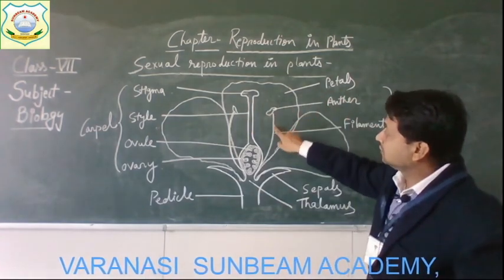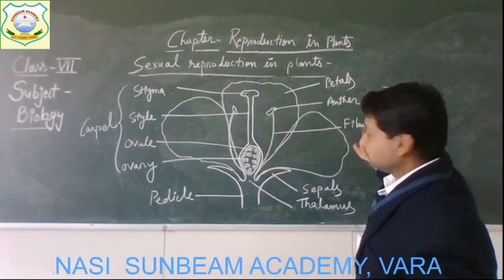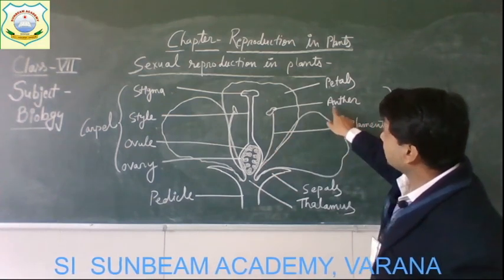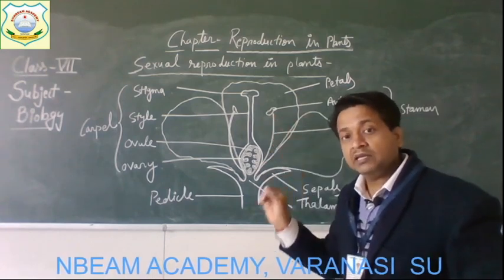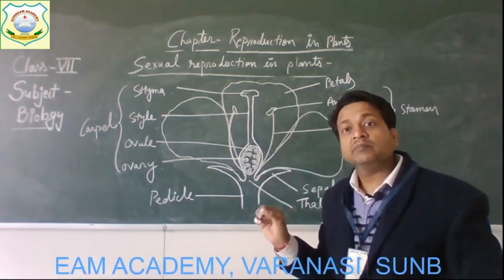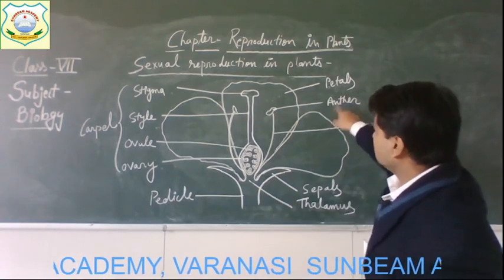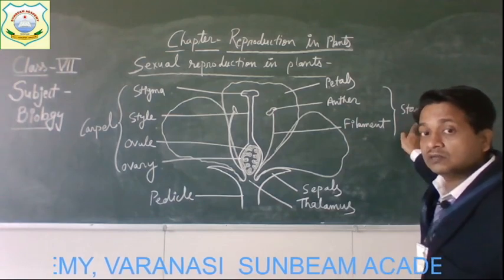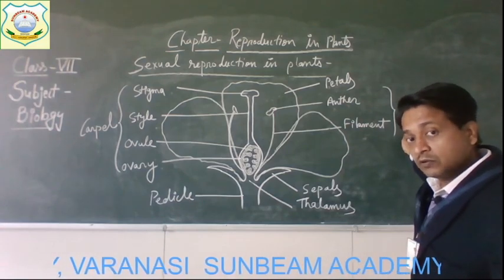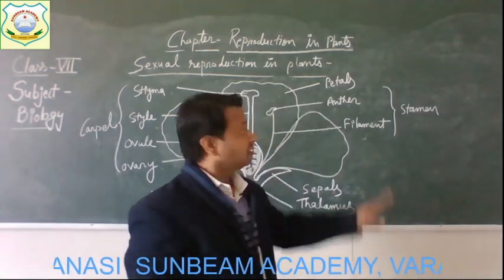Now, this thin thread-like structure is the filament, and the filament has the anthers. Inside the anthers, a small yellowish powdery substance is present, that is pollen grains, and together the anther and filament form the stamen. The stamens are the male reproductive part of a flower.